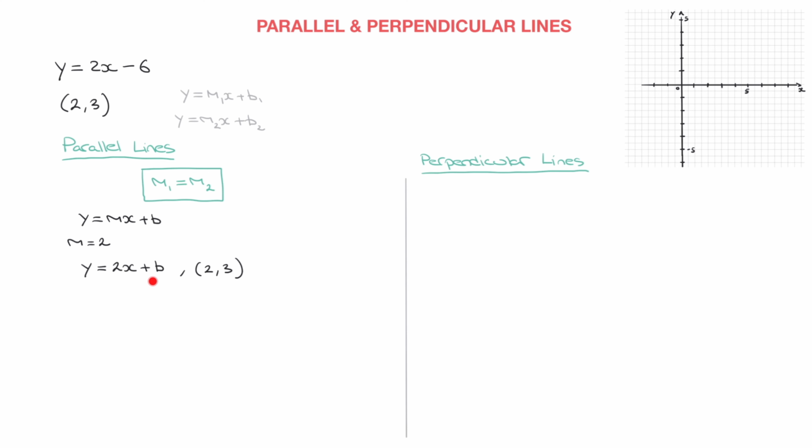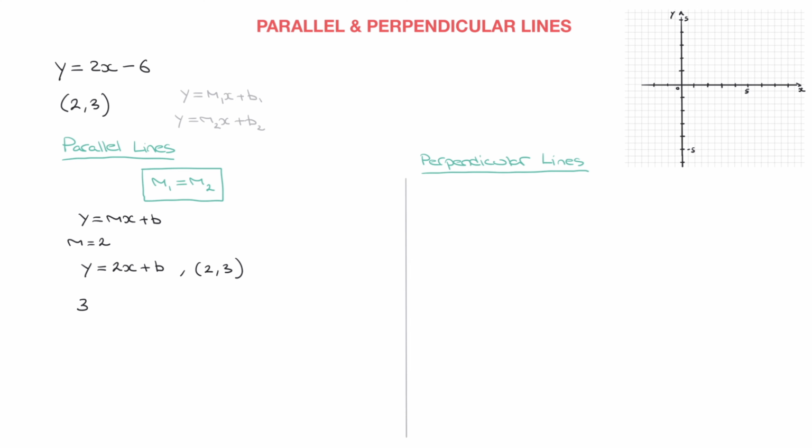And since this line has to pass through this point, that tells us that if we replace the x we have here by the x-coordinate of the point, so 2, then the y value we should obtain from this line equation has to equal the y-coordinate of the point, so 3. And so to figure out what b is, all we actually have to do is replace the x we see here by the x-coordinate of the point, and the y we see here by the y-coordinate of the point. And that would look something like this.